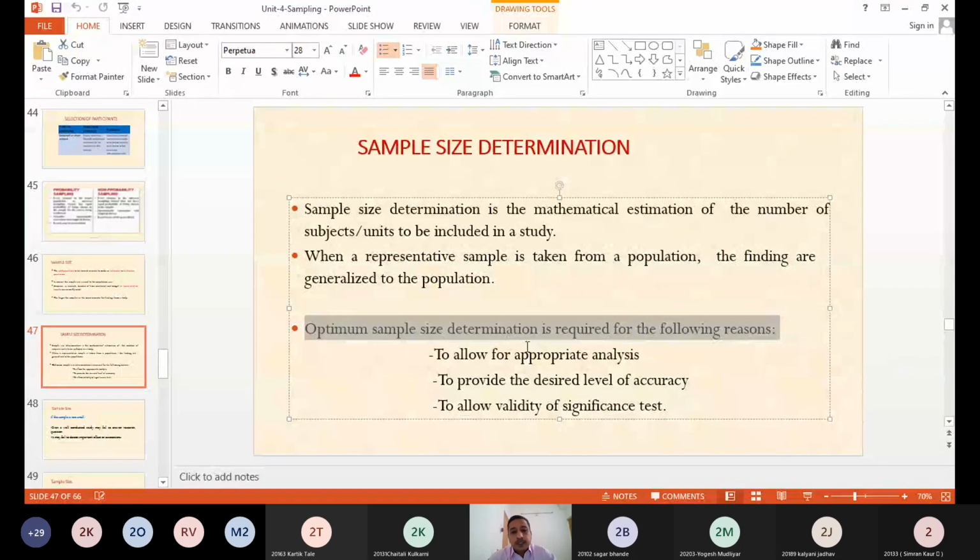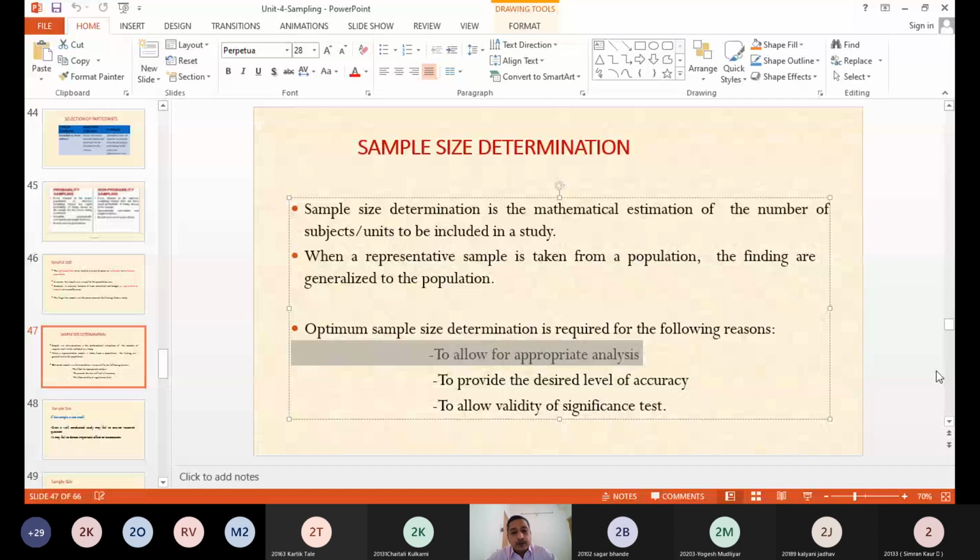The first reason is to allow for appropriate analysis. So if the sample size is optimum, the best possible adequate sample size is there, then we can have an appropriate analysis over that. Then, to provide the desired level of accuracy.